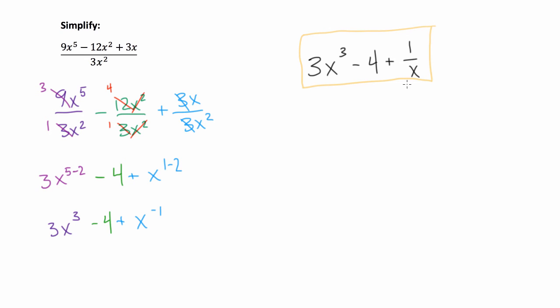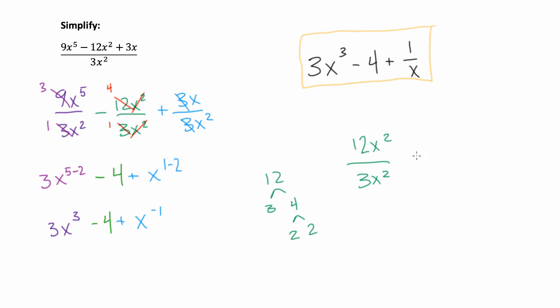If you're confused about how that canceling is working, I'm just going to do a quick little example here. Like 12x squared over 3x squared. Here's what's happening: 12 is 3 times 4, and 4 is 2 times 2.